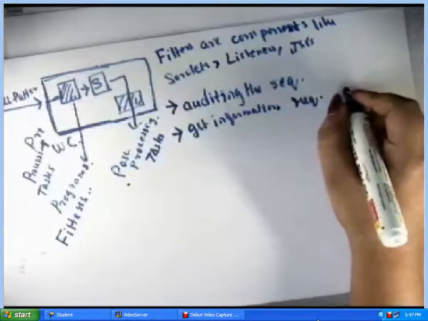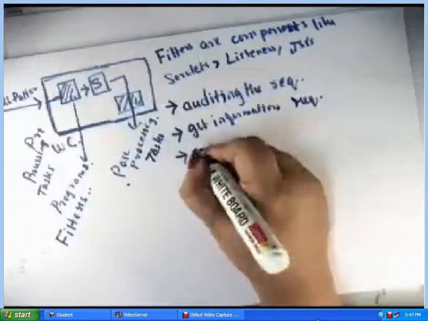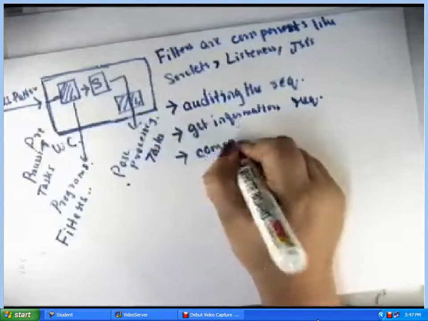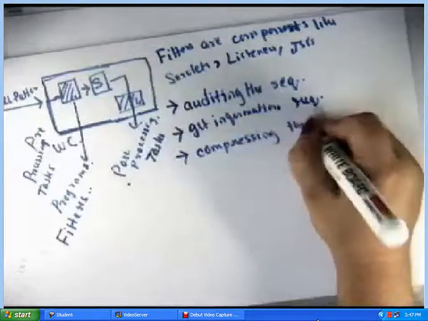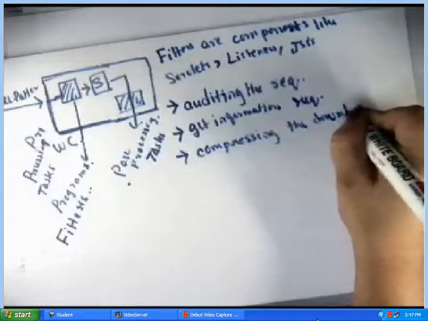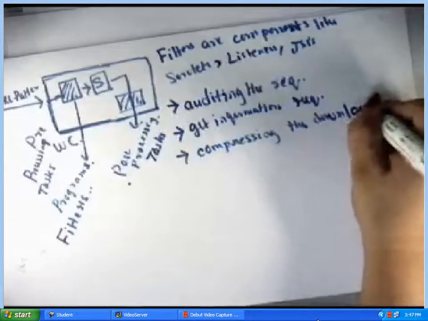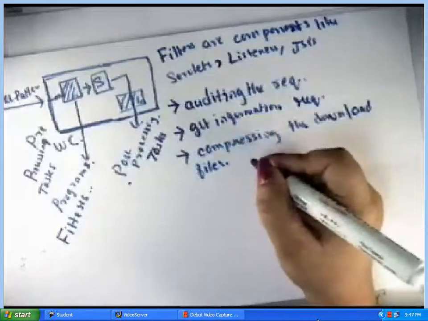We can specify some algorithms for compressing the download files which can be obtained after accessing the servlet, right?